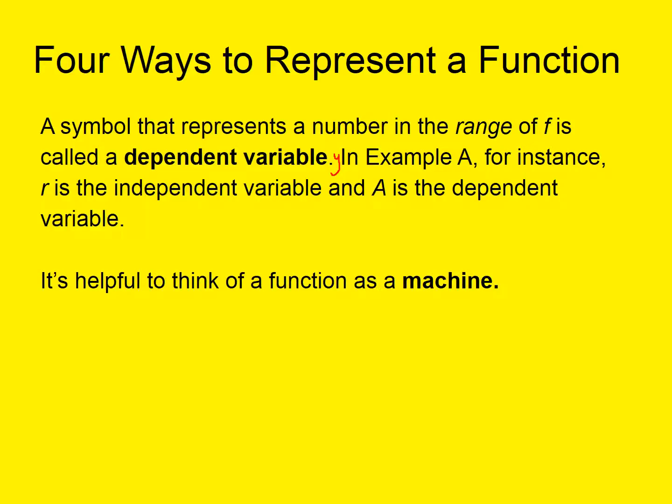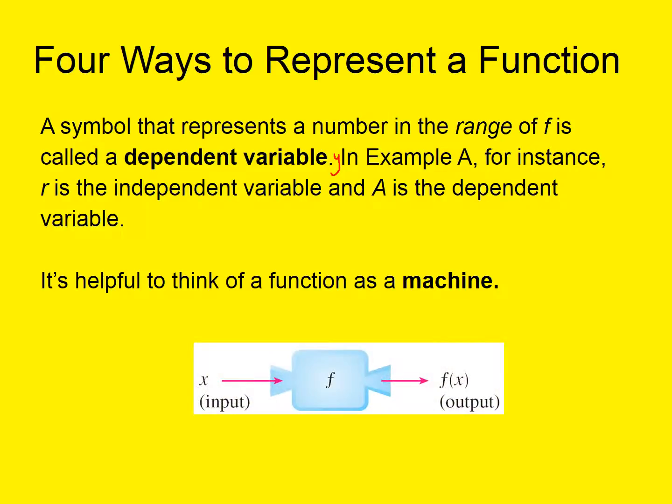It's helpful to think of a function as a machine. So there's the old function machine. You've got an x, it's some number, it goes into the function machine. The function machine does something with it, spits out exactly one number, f of x.